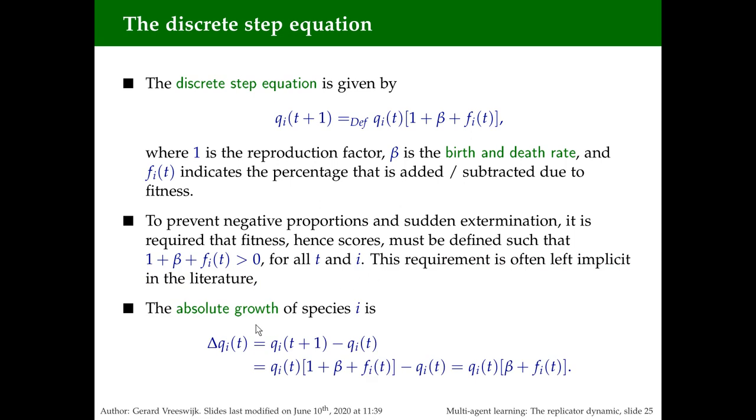Now you can calculate the absolute growth of species, the delta QIT, just by subtracting those two, and just filling out the definitions of QIT plus 1 minus QIT, and you will arrive at the delta, so the change of, and we need this for later. Recall that the QI are not proportions but numbers, number of participants, so the QI do not add up to 1.